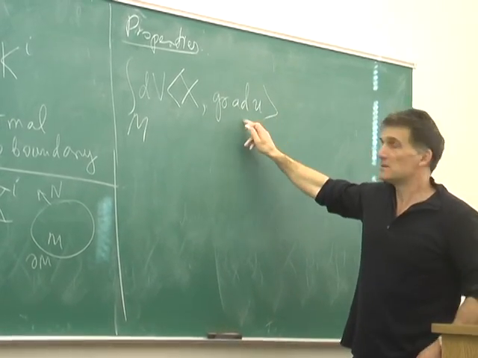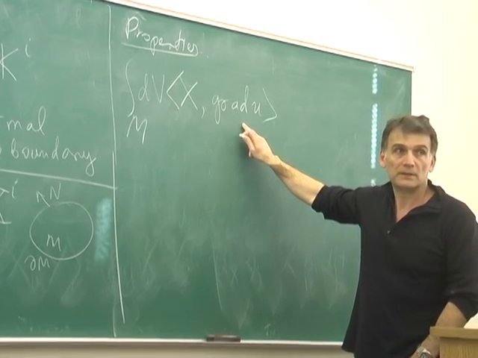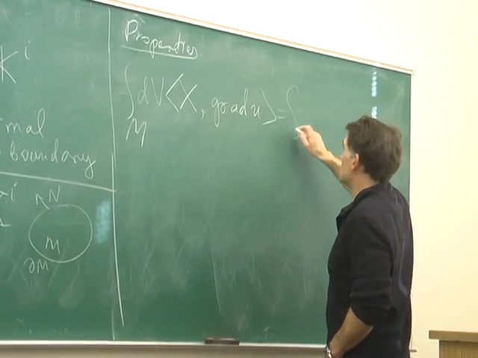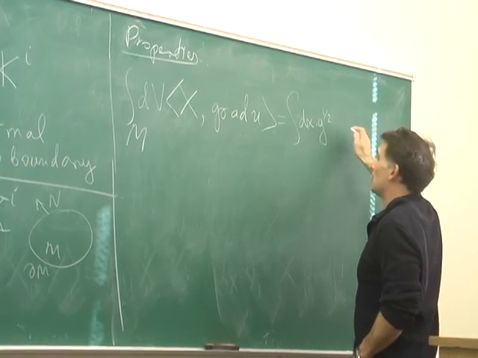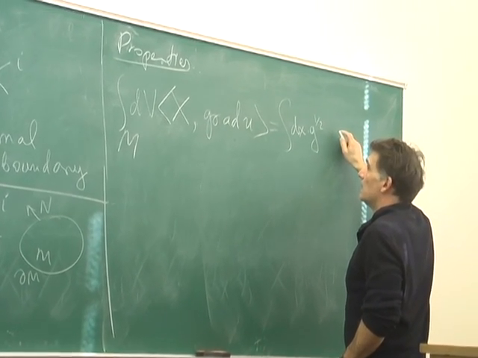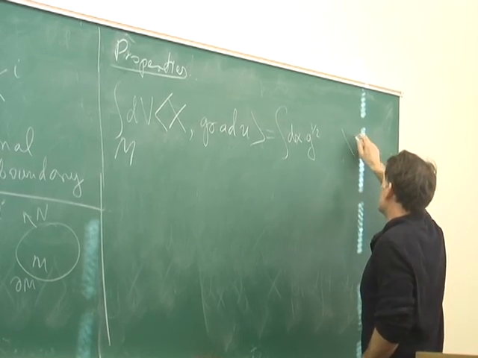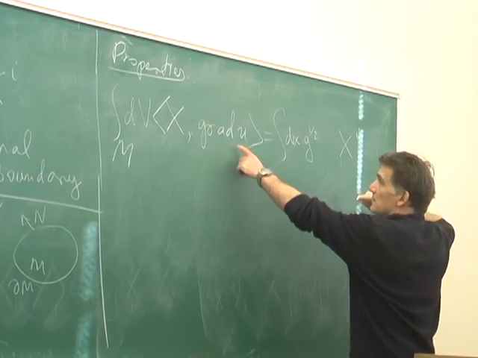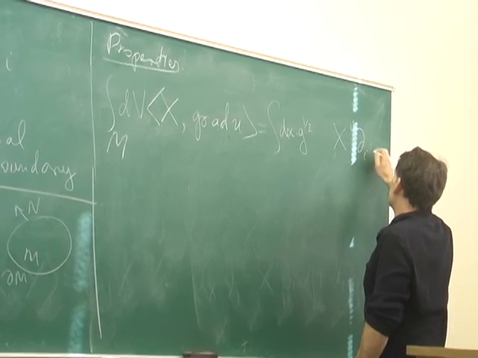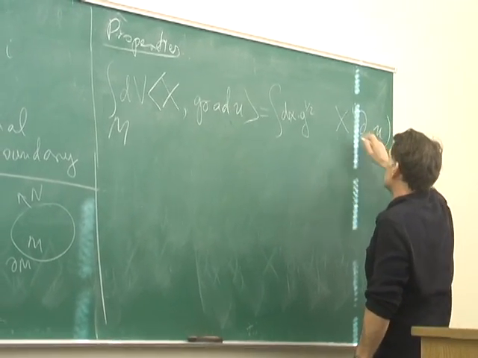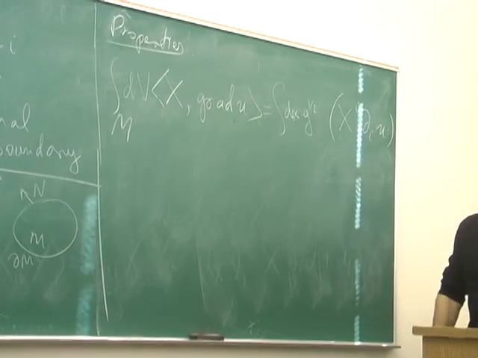The gradient is another vector field. So basically, what is here is dx g^(1/2). Well, there is X^i. This gradient will give you d_i u. Well, that's what it is.